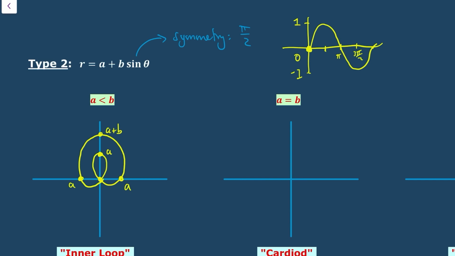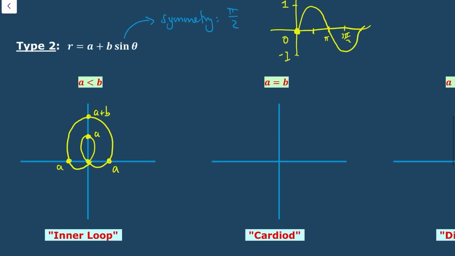Right, when A is equal to B, again I have a cardioid, but this time it's symmetrical about the pi by 2 axis. So when I sketch this out, it's going to look like this. And I know that strictly speaking, I should start plotting from there.